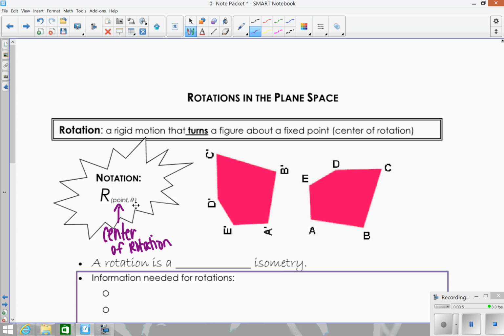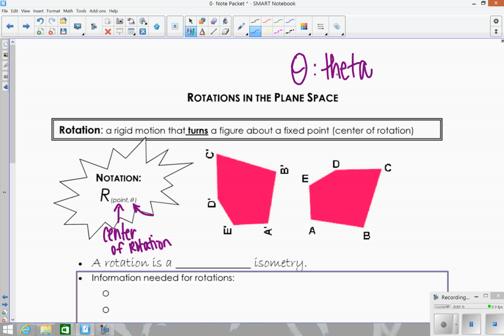And then this symbol here is called theta. That's something you may have seen before. You'll see it later in the year when we do trig, but that's just theta, and it's a common symbol. It's like using an X or a Y, but it's a common symbol used for angles. So like a 90-degree turn, a rotation around 90 degrees, we would say theta equals 90 degrees.